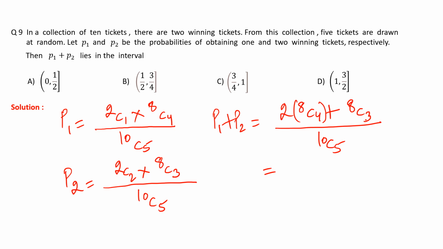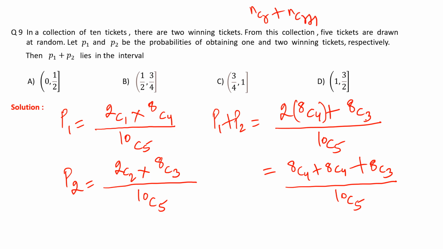I am writing 2 into 8C4 as 8C4 plus 8C4, and this 8C3 is also there, upon 10C5. Now we know that nCr plus nC(r plus 1) is nothing but (n plus 1)C(r plus 1). So that means this 8C4 plus 8C3 can be written as what? It can be written as 9C4 divided upon 10C5 it is.